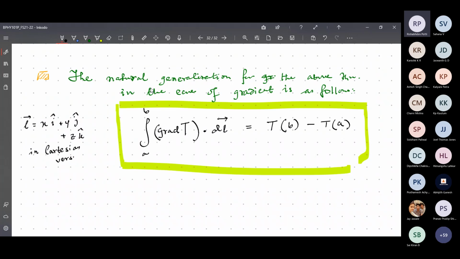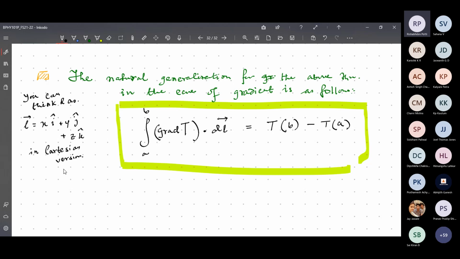Of course, this theorem is much more profound. It does not depend on any coordinate system. It can be spherical polar coordinate system; accordingly, it will change, and accordingly this thing is also changed. That is why I have written it for easier understanding. You can think of L as this in Cartesian version.